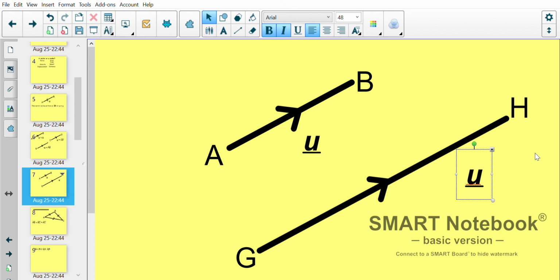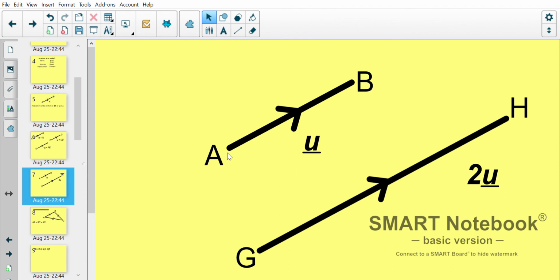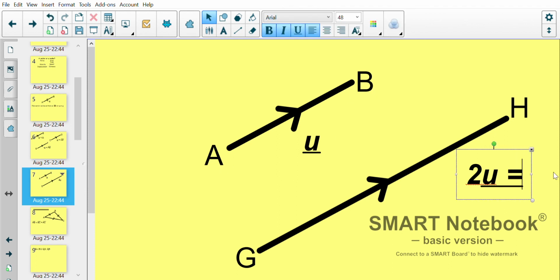So here I have copy and pasted that line, and I can tell you for a fact that 2 of these fit into G to H. So vector AB is U, but 2 of U is actually equal to GH.